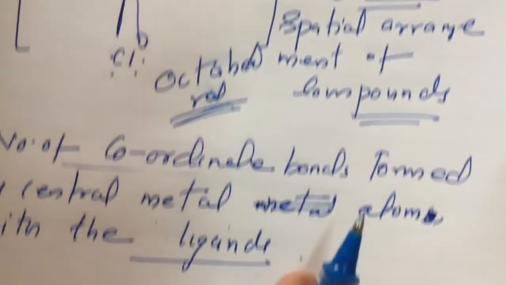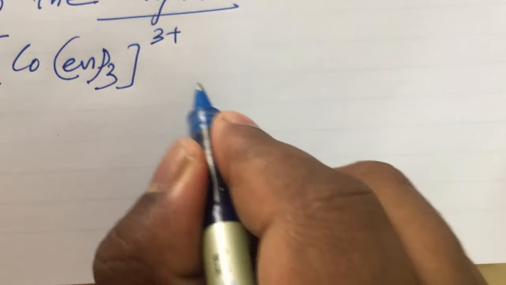For example, Co(en)3 3 plus. And listen, what is en?